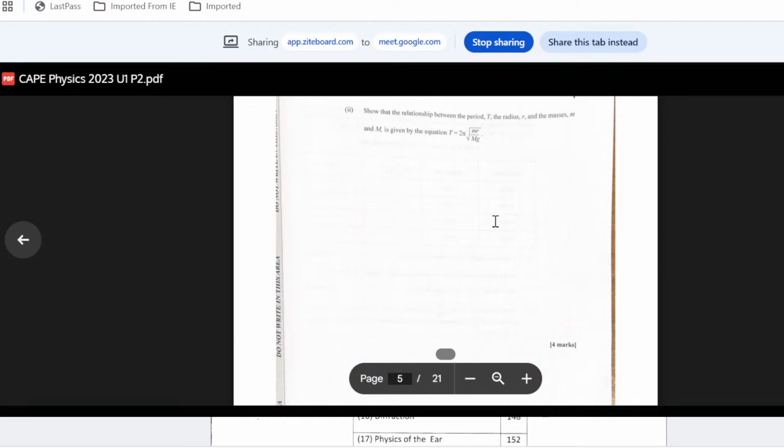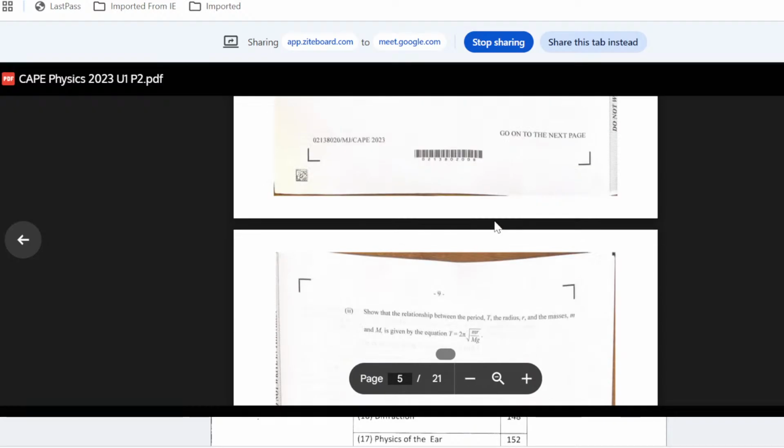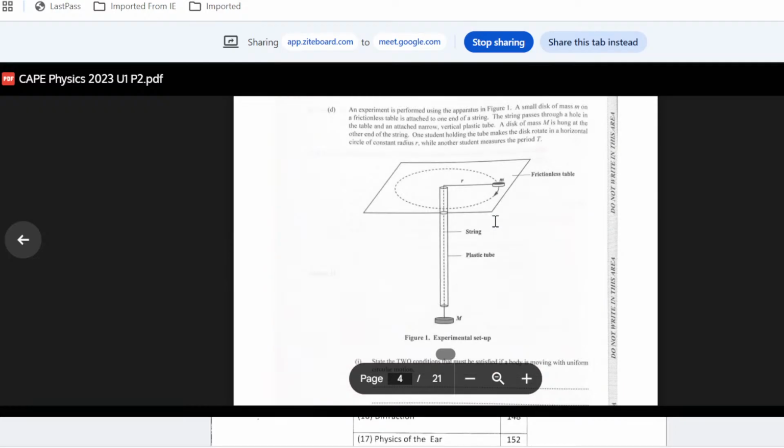It starts with equating the centripetal force with mg.